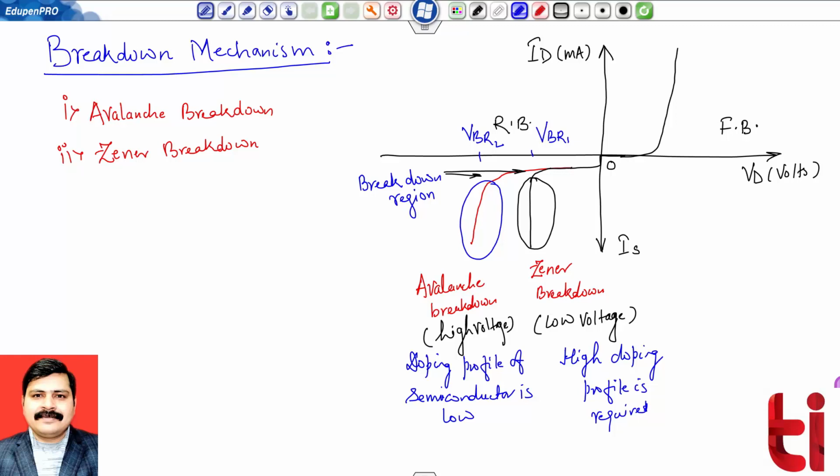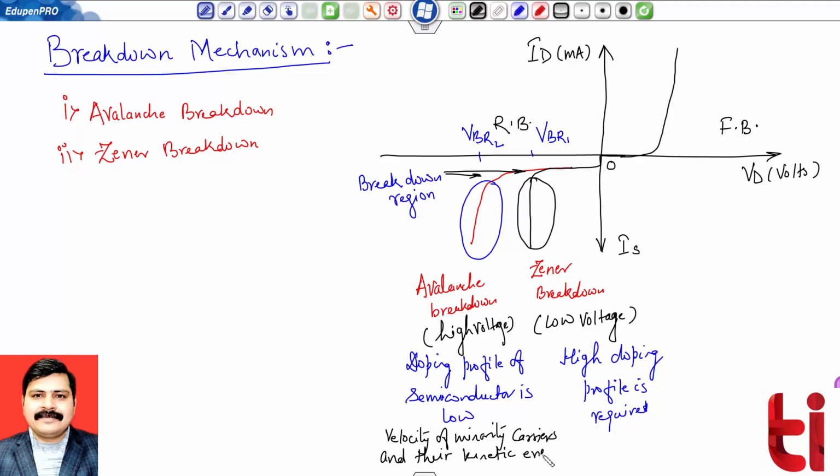Another point is that Avalanche breakdown occurs due to the velocity of minority carriers and their kinetic energy.